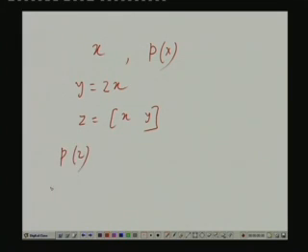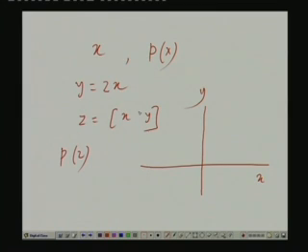My claim is, since y is expressible in terms of x, to find the joint density of this vector x y, it is enough if we know the probability density of x. P z can be easily written in terms of that. This is not very difficult. What it means is this: suppose x and y form a plane, and this is the line y equal to 2 x.